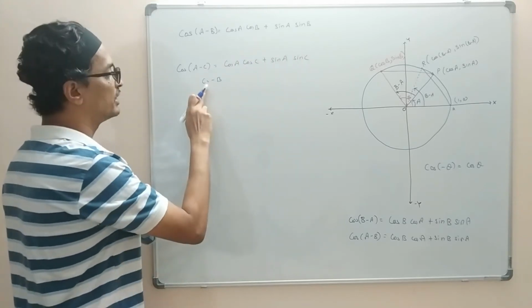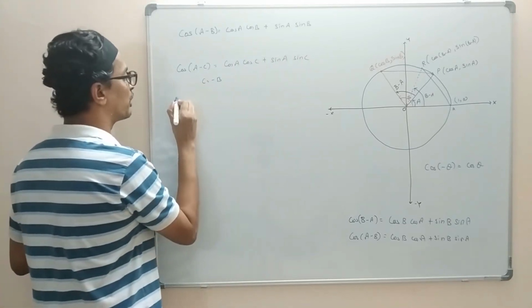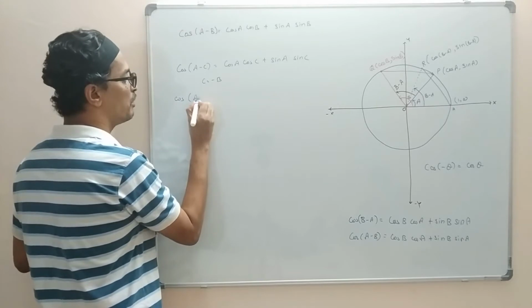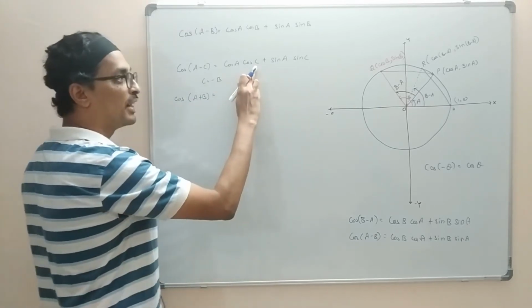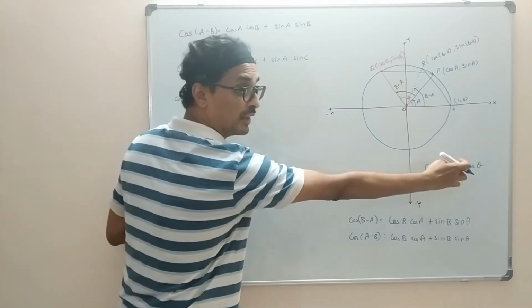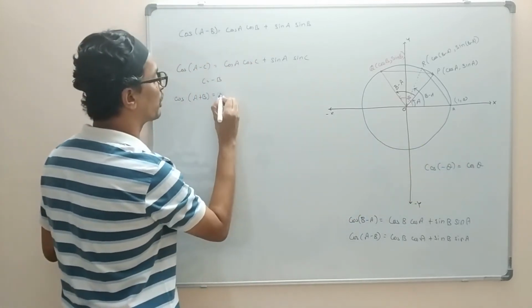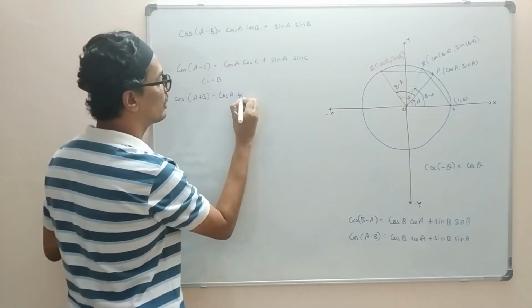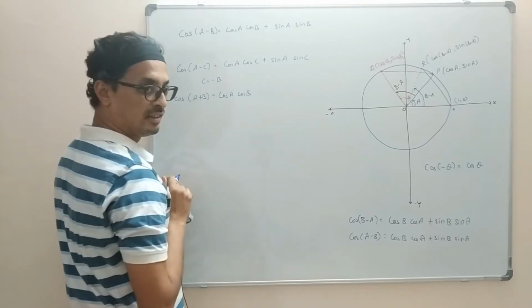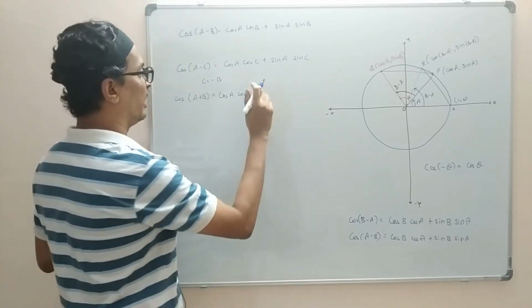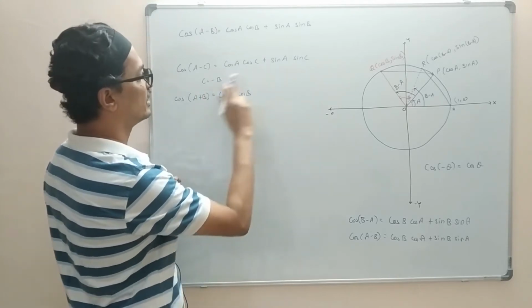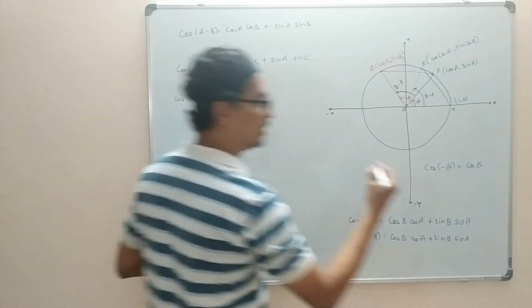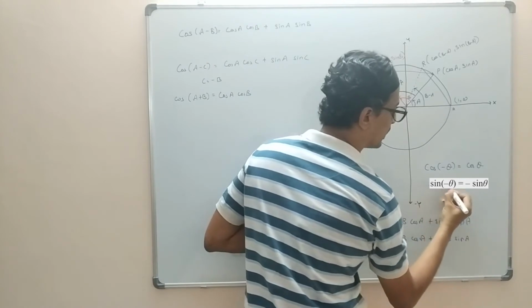Now if I write C equal to minus B, then what happens? This will be cos(A plus B) is equal to cos A cos of minus B, and cos of minus B will be cos B only. Correct? Sine of minus B, sine of minus theta, how much?